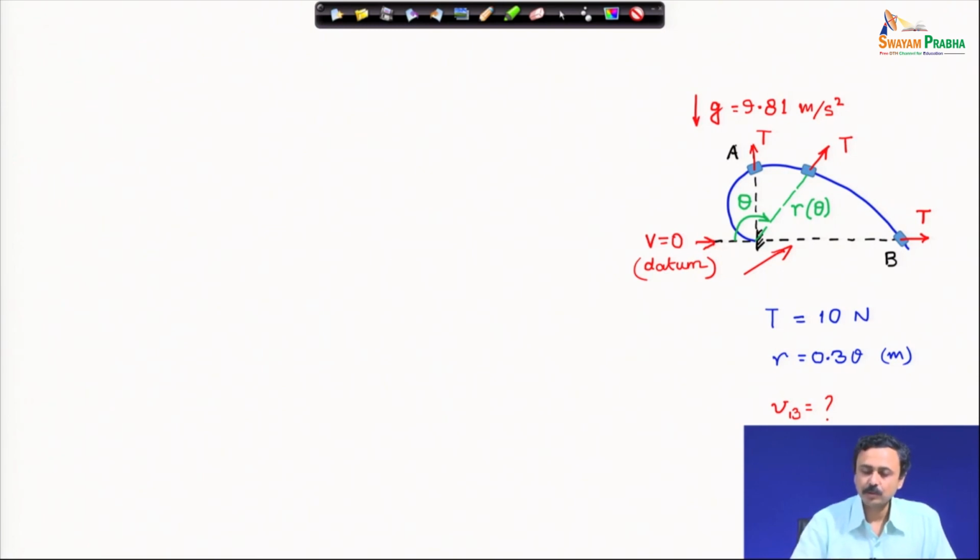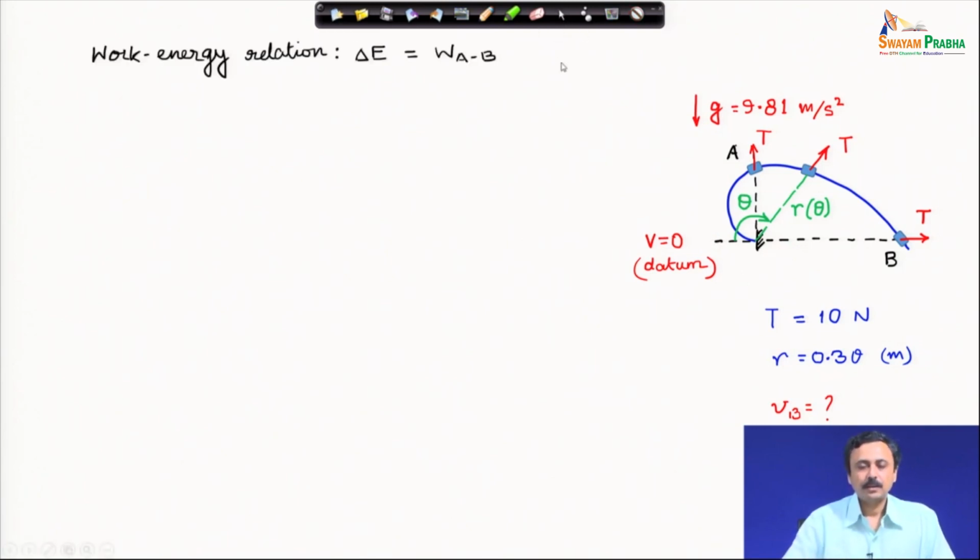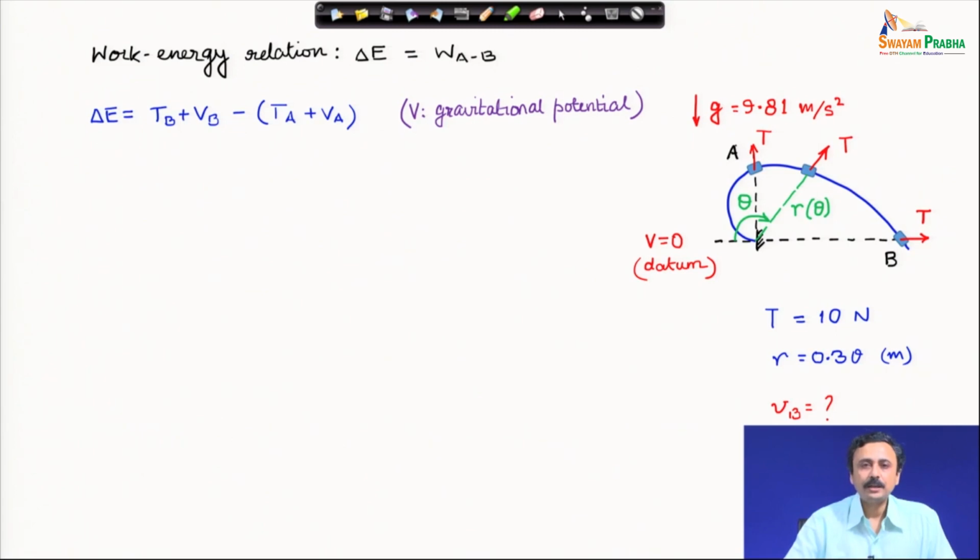We have to find the velocity when the collar reaches point B. The work energy relation tells us that change in the mechanical energy is the work done. Here the mechanical energy has both parts, the kinetic and the potential.